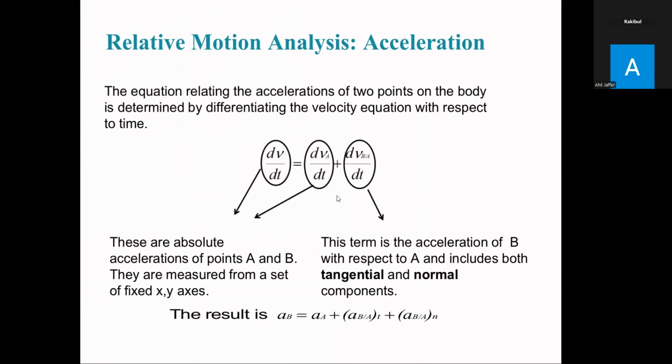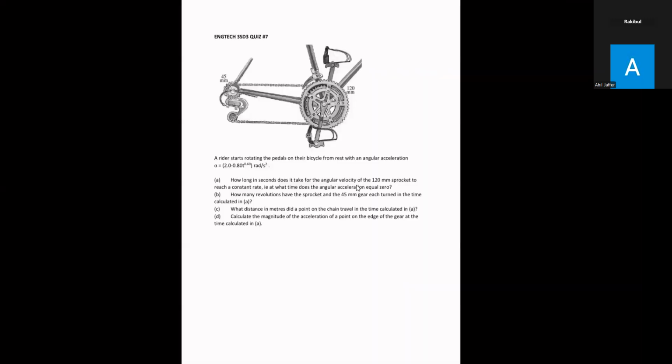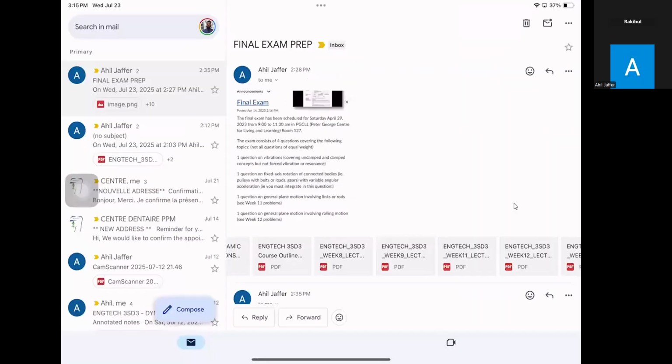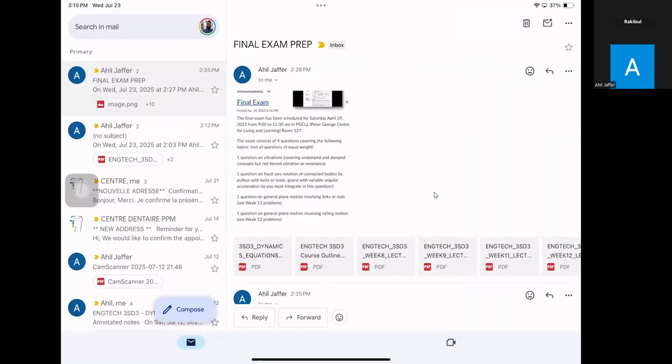Are you talking about the instantaneous center of zero velocity problem, or absolute velocity analysis? Did you give it to me before? I did. Okay, let me check. If you already did it, then why do we need it again?